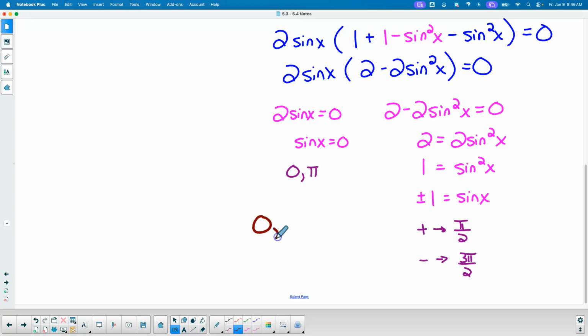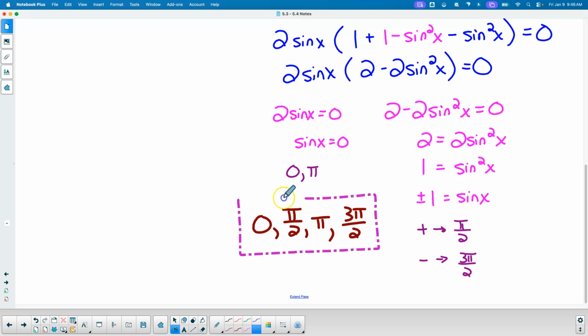So we've got 0, pi over 2, pi, and 3 pi over 2. Okay? Questions, comments, concerns, clarifications? You've got the remaining time to work on your homework packet.